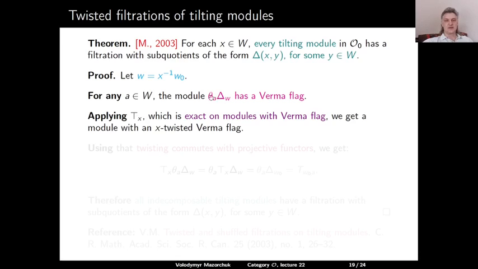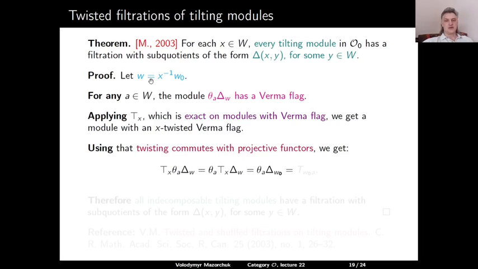Applying T_x to this module and noting that T_x is exact on modules with Verma flag, we get a module with an x-twisted Verma flag. And using that twisting commutes with projective functors, we can also compute that T_x applied to theta A delta W is the same as theta A applied to T_x delta W. Because of our choice of W, this is theta A applied to delta W0, which is T_W0A.